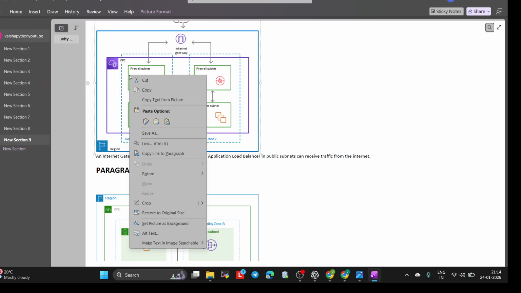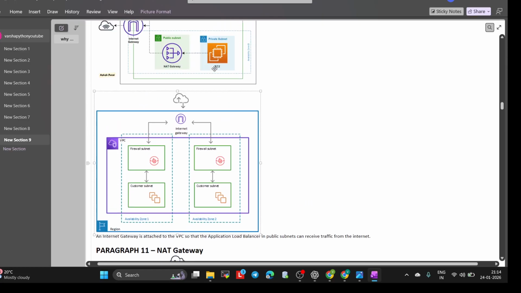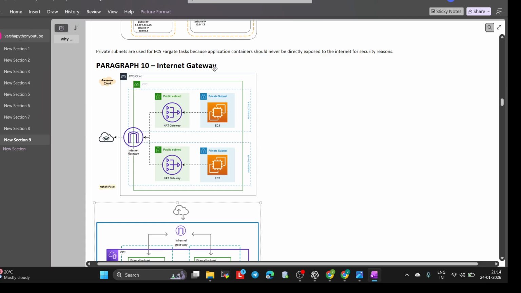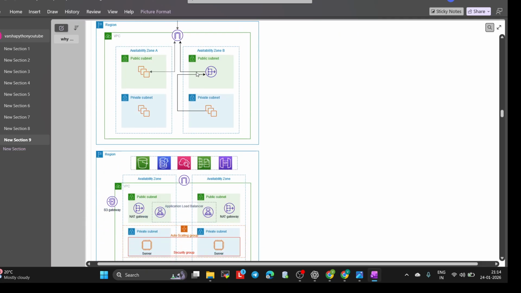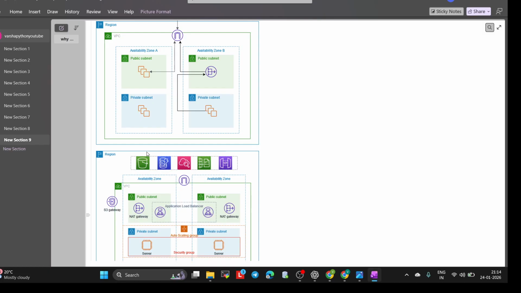So how can we do it with the help of the NAT gateway? And downloading dependencies and third party APIs, that is what I was talking about.